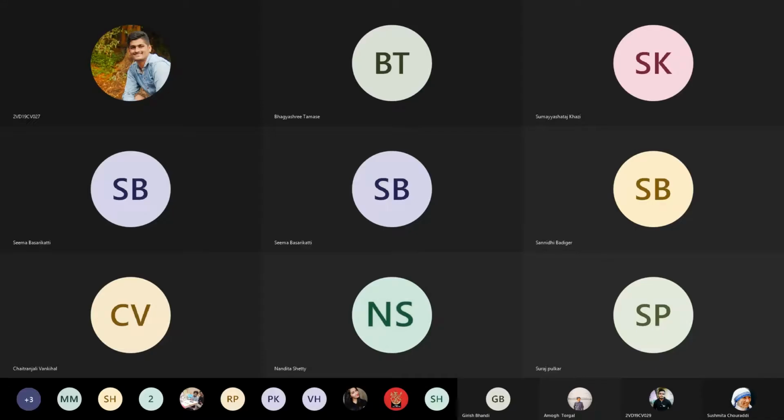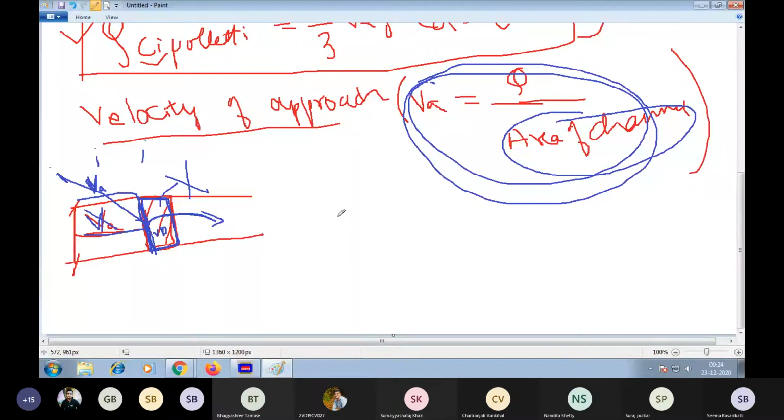The velocity of approach creates an extra head that is called HA. In yesterday's class, I showed you a video in which you saw the extra height created by this velocity of approach.